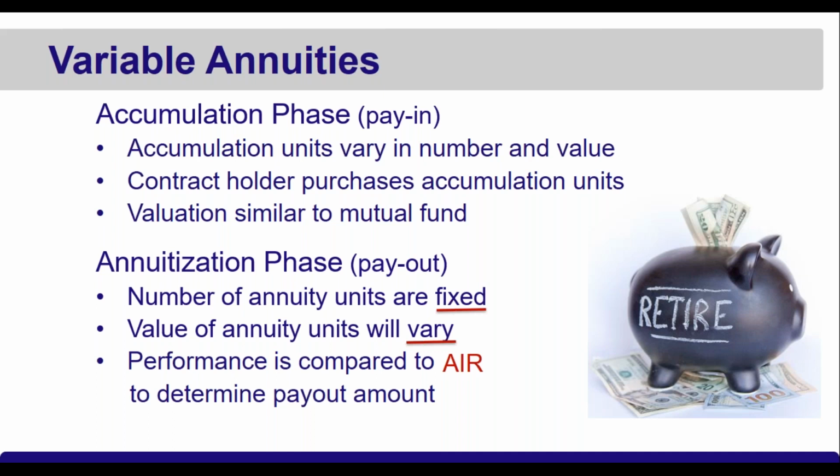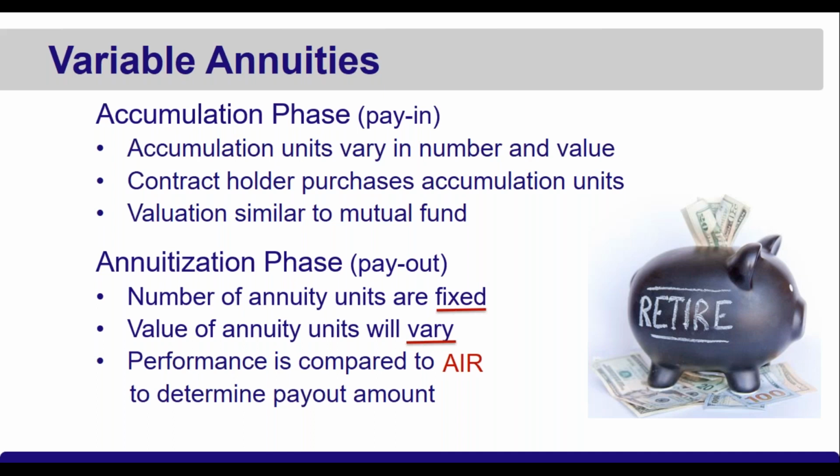I'm paying in money. I'm accumulating. So the number of units that I have is going to vary in terms of how many units, because I'm accumulating. And depending on which of those menu options I've chosen in the separate account, the value of my units will vary as well, just like they would in mutual funds. Day to day, values up, values down.